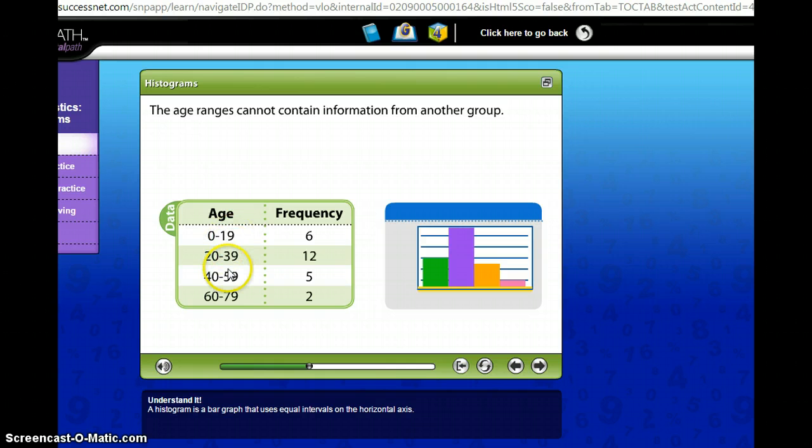Okay, your age ranges cannot overlap. So we can't have 0 to 20, 20 to 40, 40 to 80, 80 to 100, because then we would have 20s here, 40s here, 80s here. We would have numbers overlapping. Nothing overlaps.